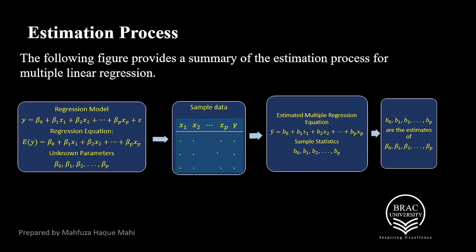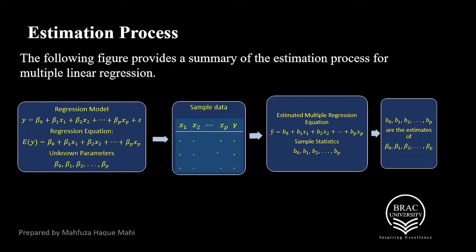So here you can see a figure which provides a summary of the estimation process for multiple linear regression. First, we have the regression model y equals beta 0 plus beta 1 x1 plus beta 2 x2 plus up to beta p xp plus epsilon.